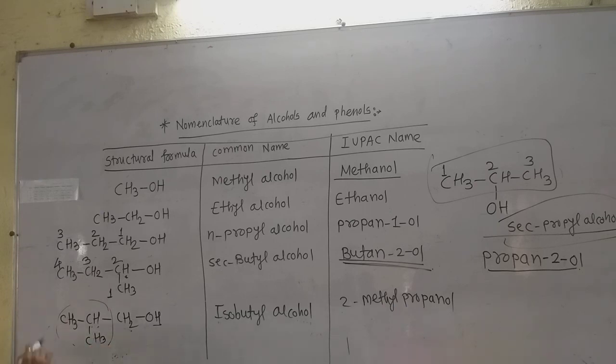But in that molecule, such a grouping must be there somewhere. Then and only then is it isobutyl. This is very important from the point of view of chemical reactions. You must understand what the secondary butyl group is and what the isobutyl group is, because in the examination the IUPAC names of both these alcohols are different and their common names are also different.